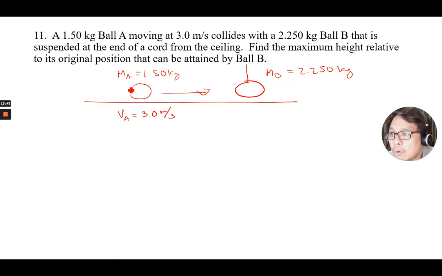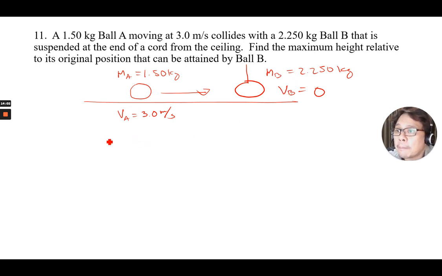So MB is equal to 2.250 kilograms. Ball A hits ball B, prompting ball B to move. So it is at rest initially. Let VB be equal to 0. They go through an elastic collision. They separated after they collided.